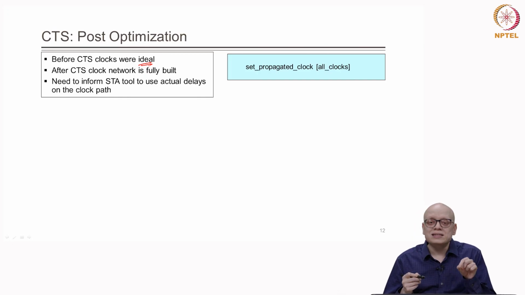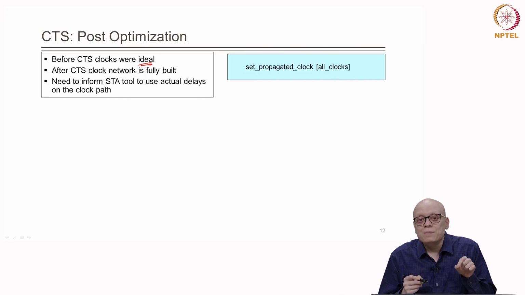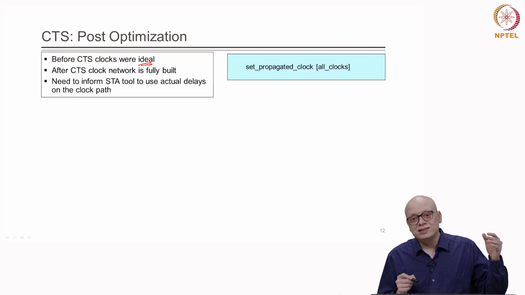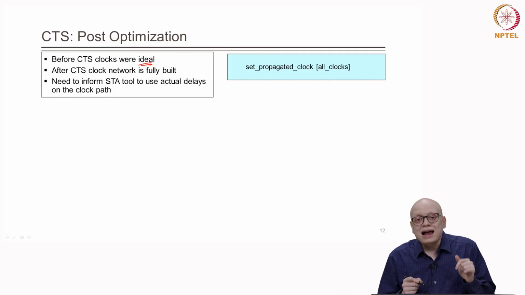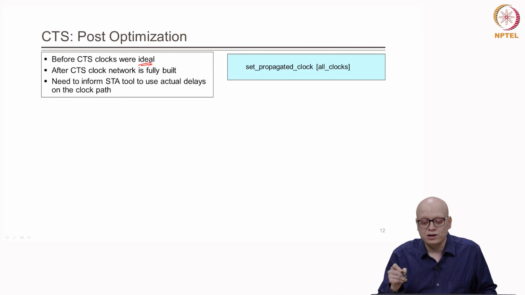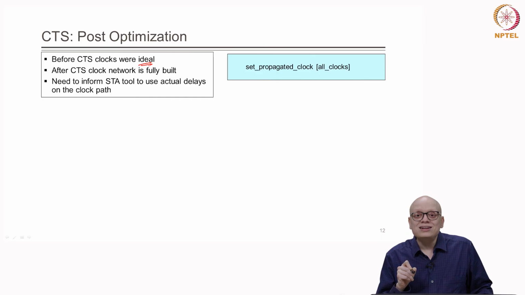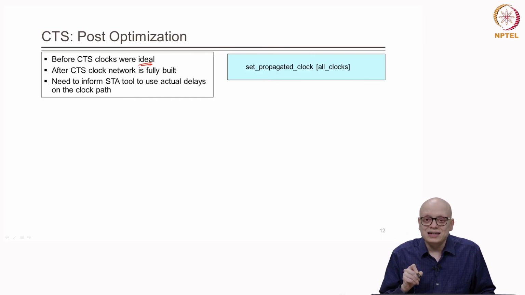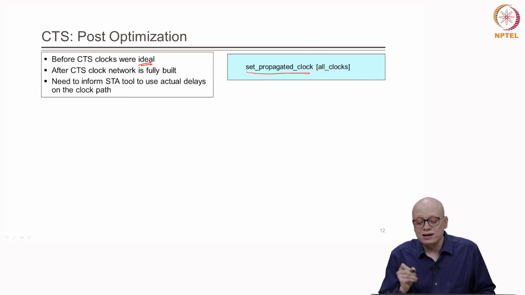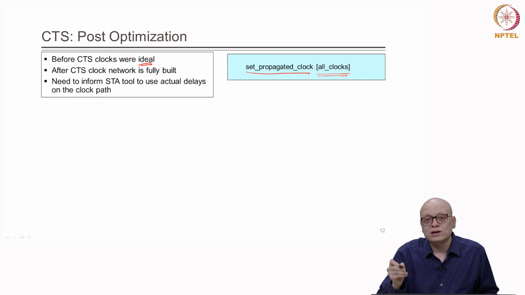Source latency can still be there in our SDC file, but the network latency that was introduced before CTS and during synthesis needs to be removed. Instead, we should use the actual delays of the circuit elements in the clock network. To instruct the STA tool to use the realistic delay, we use the command set_propagated_clock in the SDC file, and we can give all clocks if all the clocks have been built.